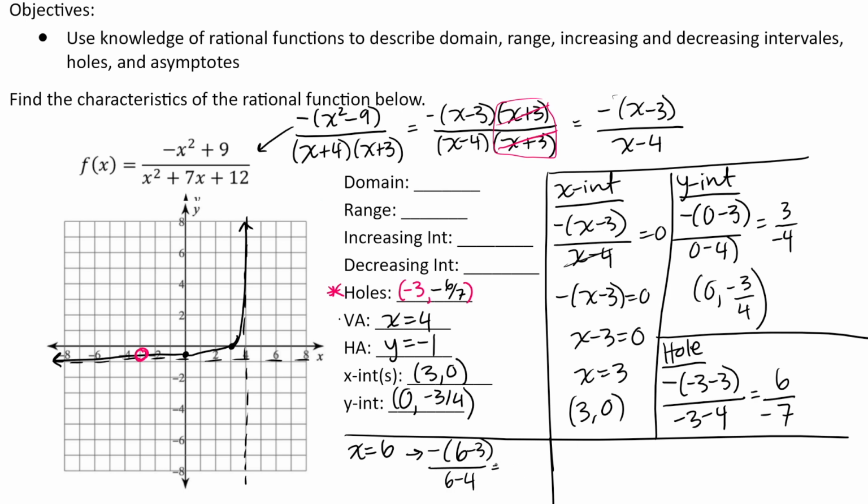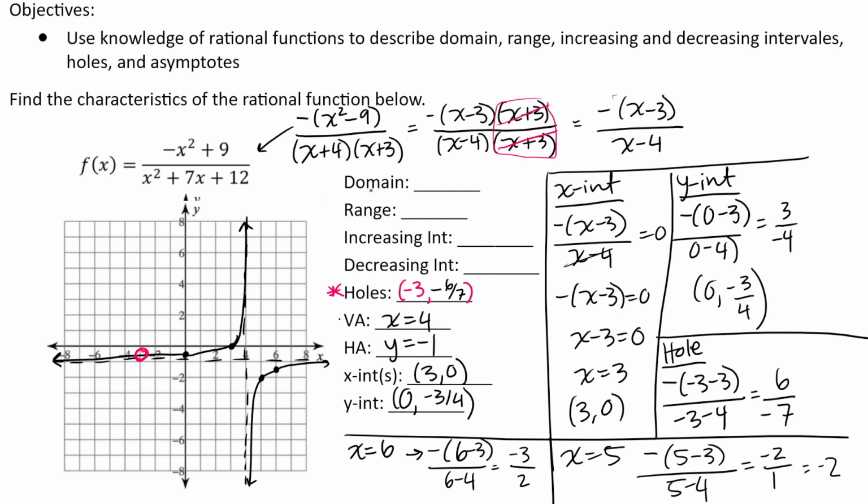So 6 minus 3 is 3, negative 3, and 6 minus 4 is 2, so negative 3 over 2 is right there. Let's go ahead and do 5. If I plug it in, I get negative (5 minus 3) over (5 minus 4). 5 minus 3 is 2, so negative 2 over 1, which is negative 2. (5, negative 2). That's enough to make a curve.